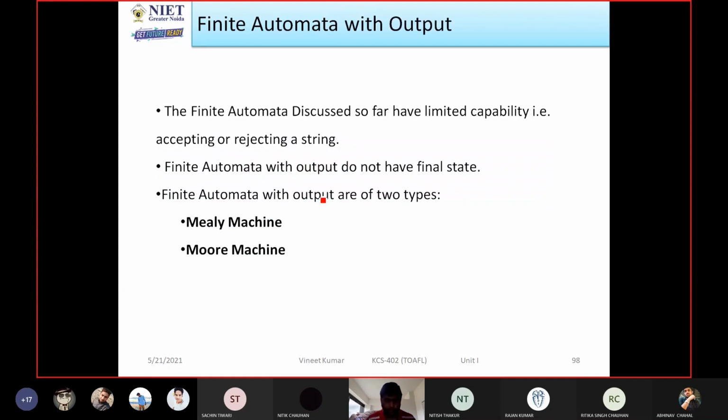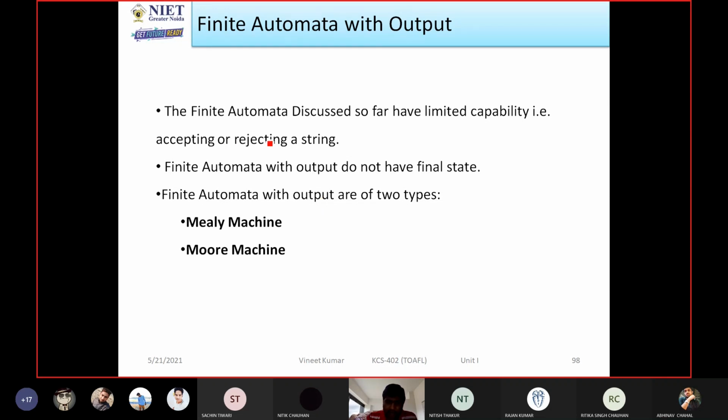Now come to this topic, that is finite automata with output. Till now we have seen 3 different types of finite automata like DFA, NFA and NFA with epsilon. They have a limitation: they accept the string based on reaching the final state.